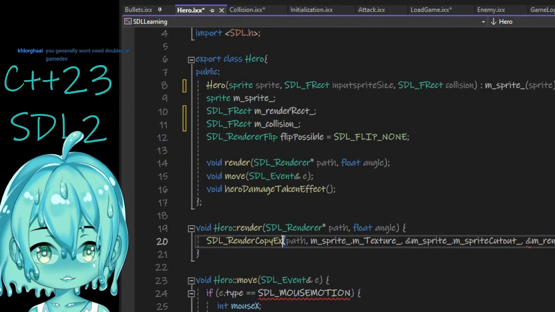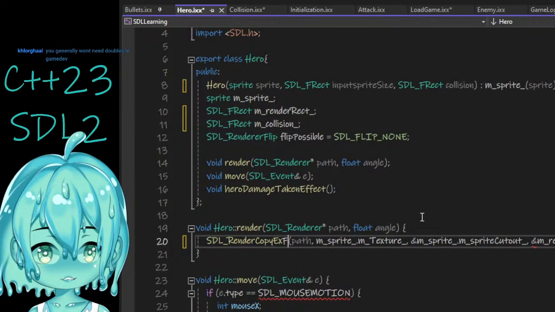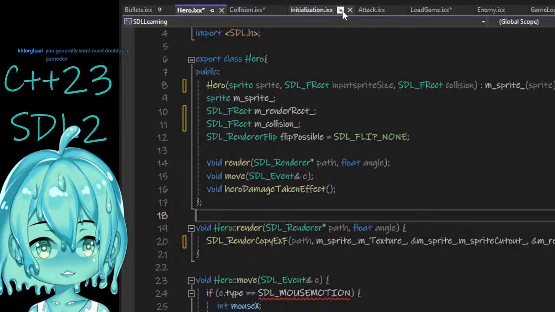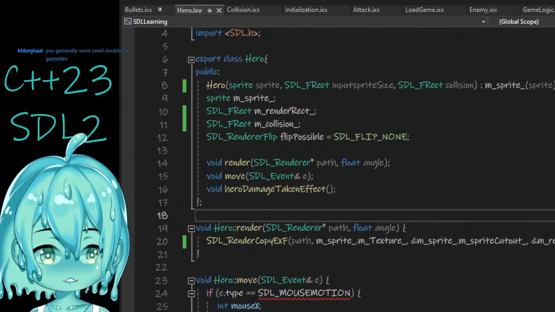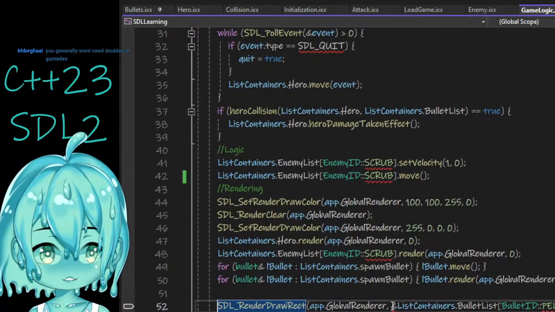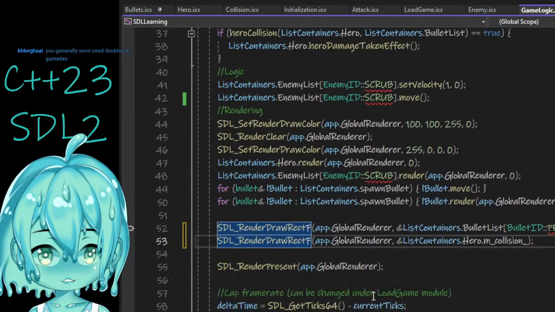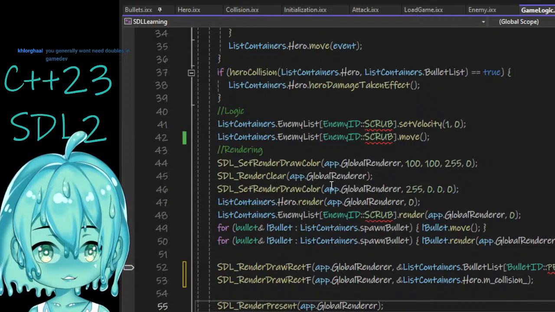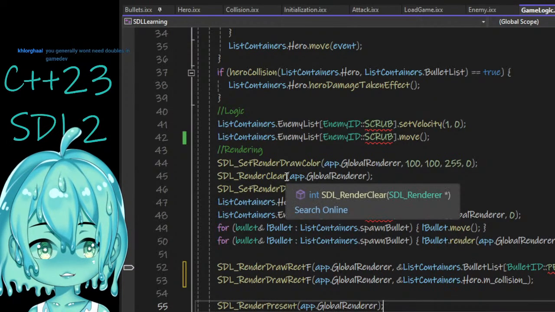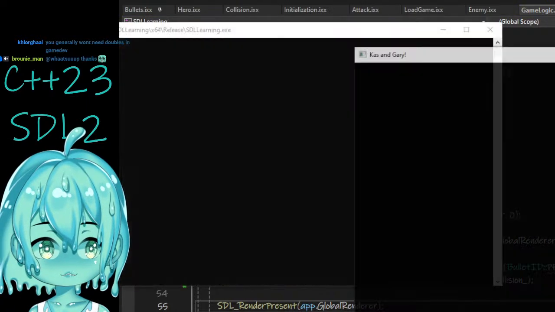Okay, and then this needs render copy XF. Okay, now we need Control S, go. Okay, SDL draw is going to have an issue because list containers now contains that. Float. Man, I'm glad SDL took care of all the hard shit for me. Render clear.